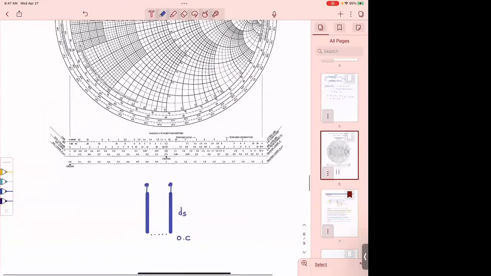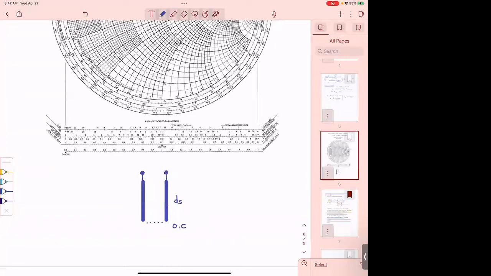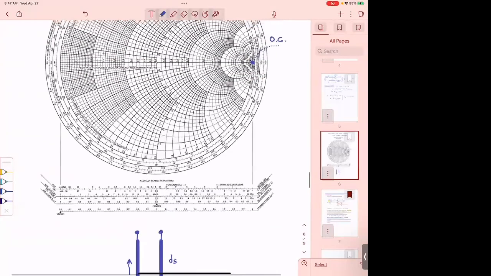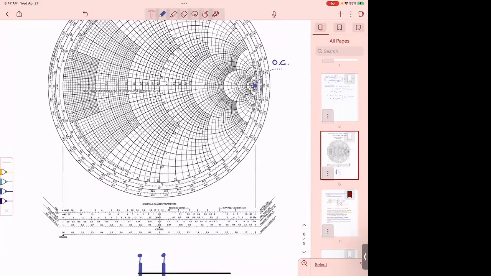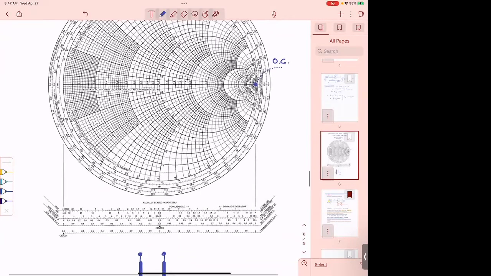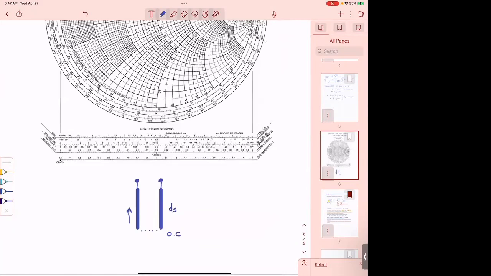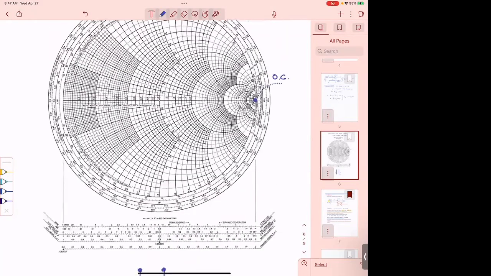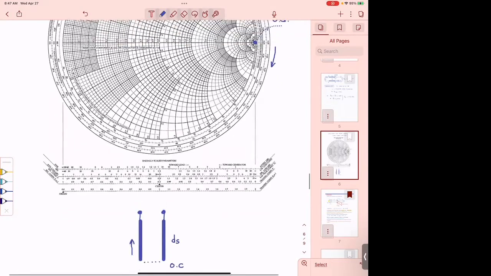So we start with the open circuit, and I'm moving this way on the line, on the stub. Now I'm starting at the open circuit, and I'm moving in which direction? Towards the generator, because I'm at the end of the stub. There is no other way to go. And I will have to move until where?